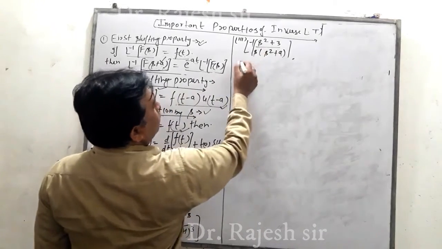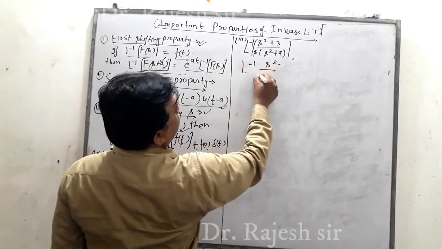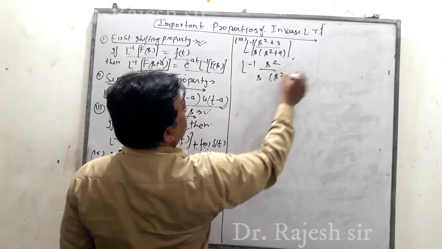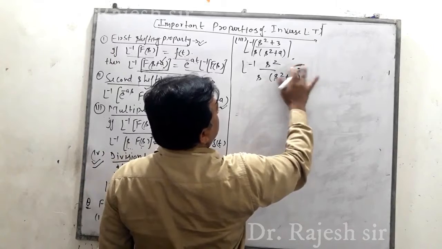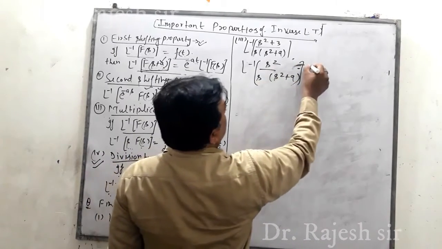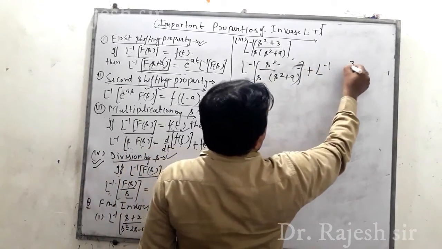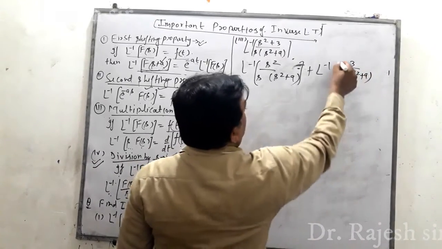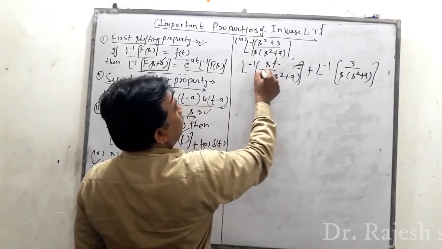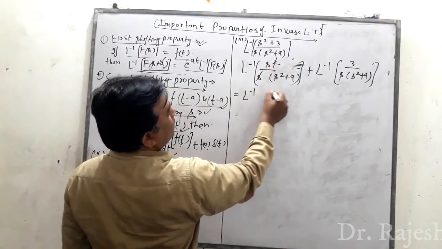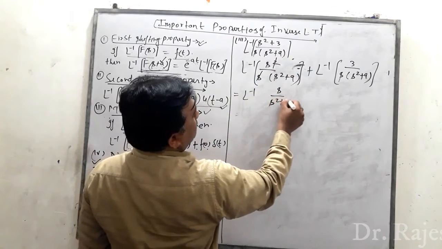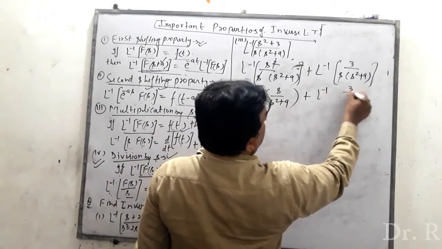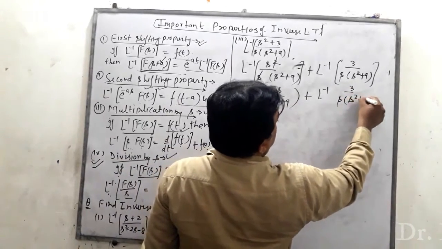We separate it: Laplace inverse of s square upon s square plus 9, plus Laplace inverse of 3 s upon s times s square plus 9. Cancel out: Laplace inverse of s upon s square plus 9 plus Laplace inverse of 3 upon s square plus 9.